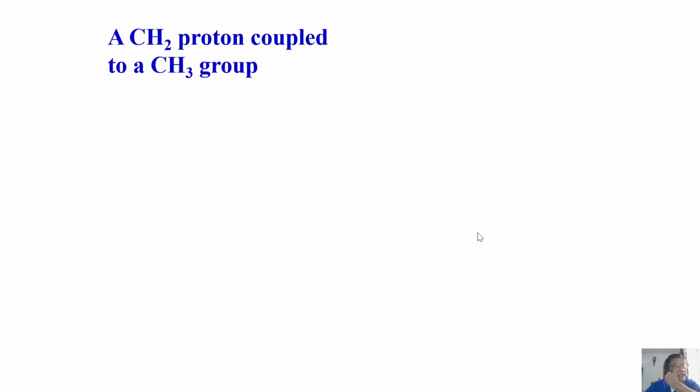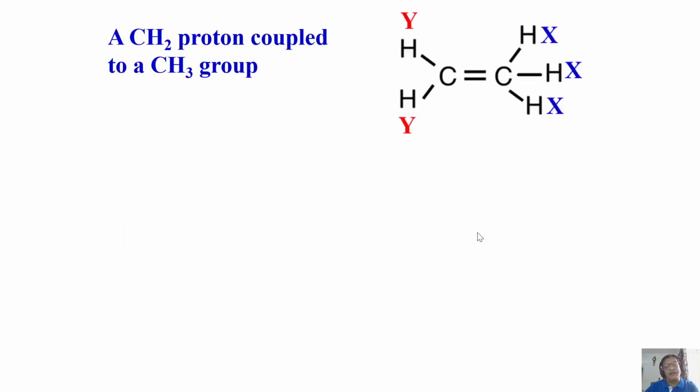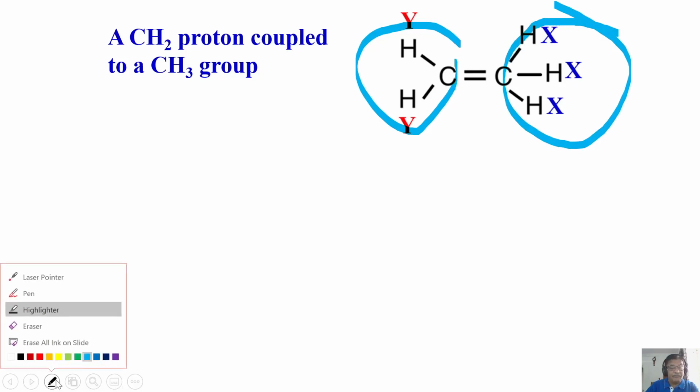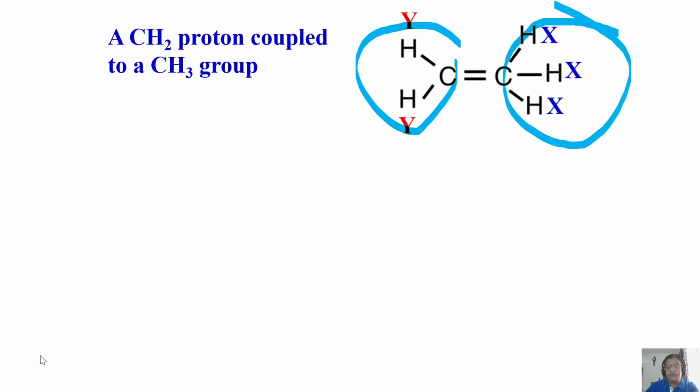Now we will come to a situation. What happens when a CH3 group is coupled to a CH2 group? I am writing a hypothetical molecule. Now CH2 is coupled to CH3. What type of coupling are you going to expect now? What is the pattern? We will think carefully. There is no need to worry too much; we have already worked it out.